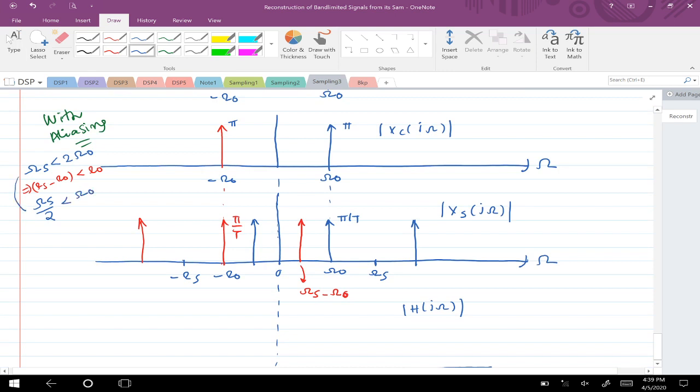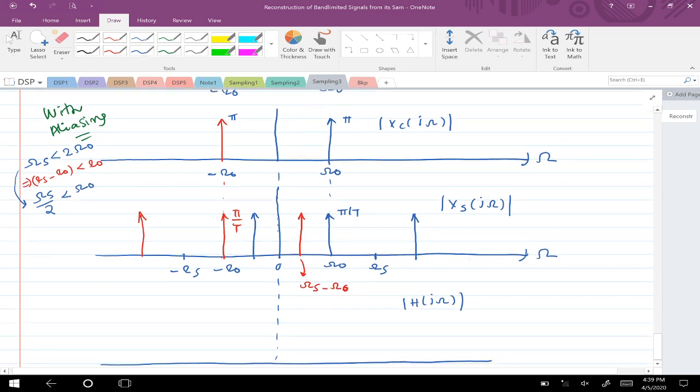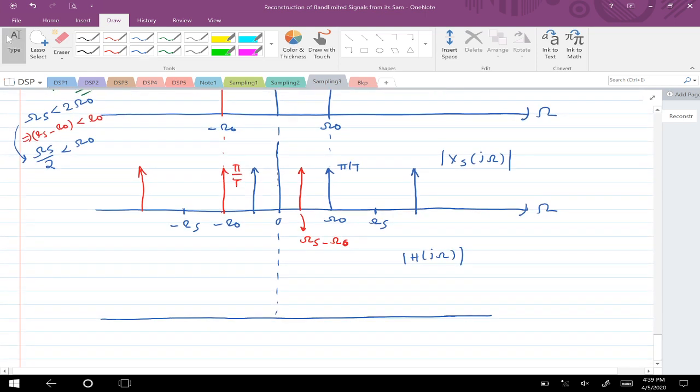That means the cutoff frequency omega c would come in between omega s minus omega naught and this one, somewhere here, and similarly somewhere here. Okay, this is your filter.